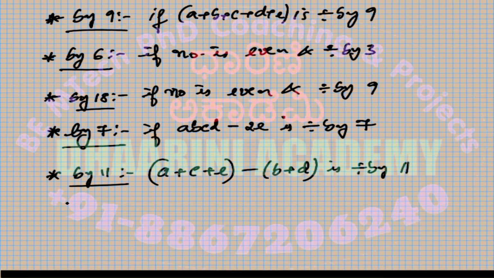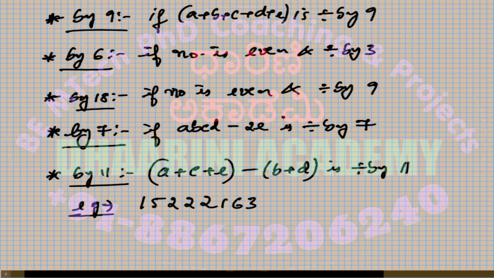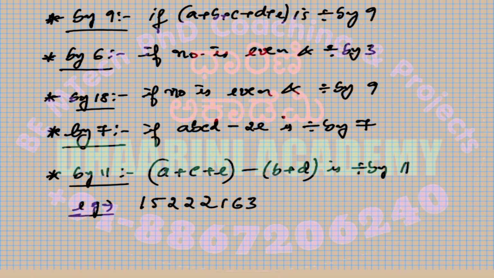Okay, so I'll give a number, just check that quickly. Right, so the number you have to check now is 1 5 2 2 2 1 6 3. Right, my question is whether this number is divisible by 11 or not.